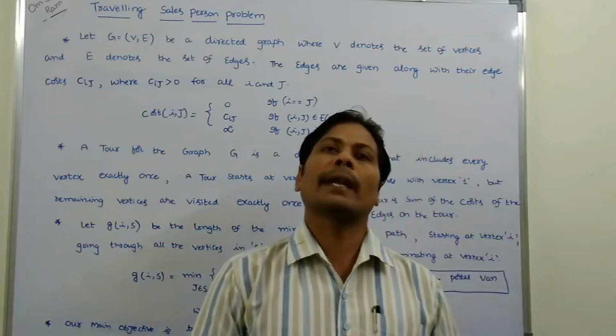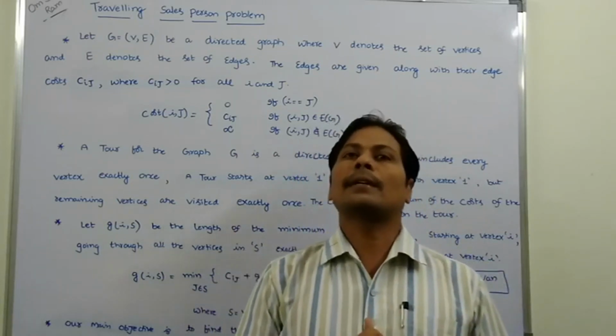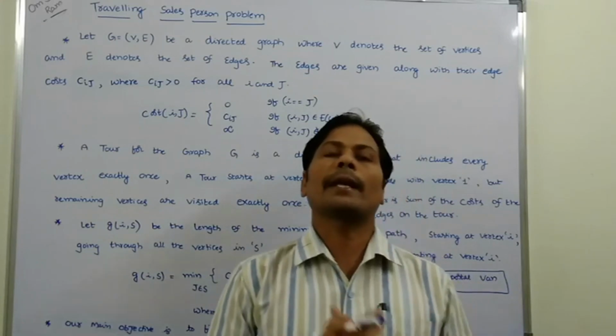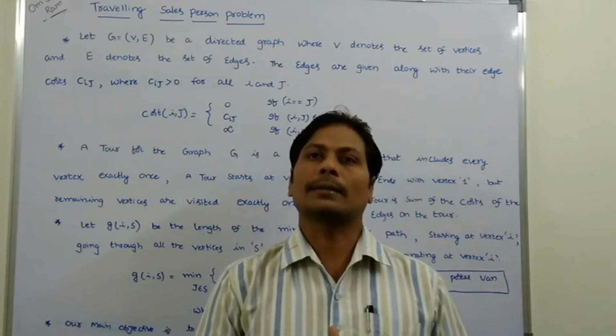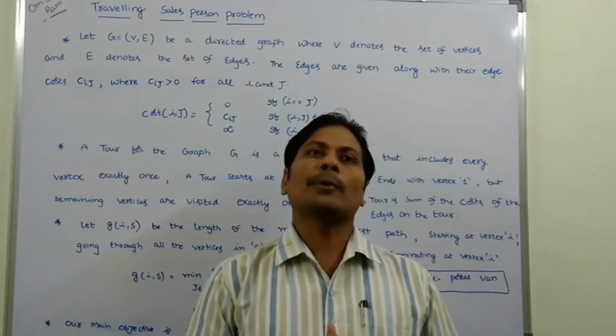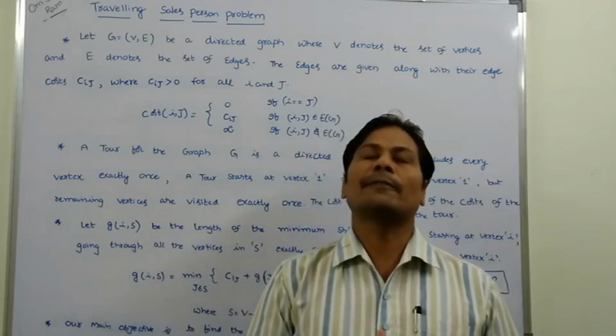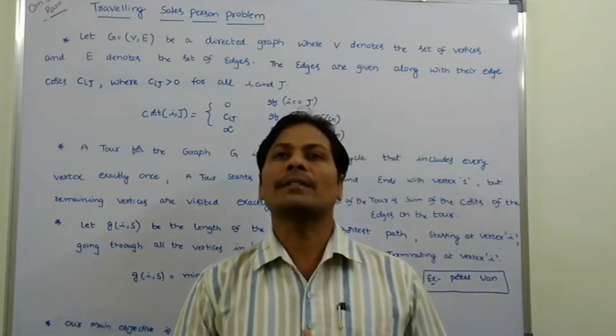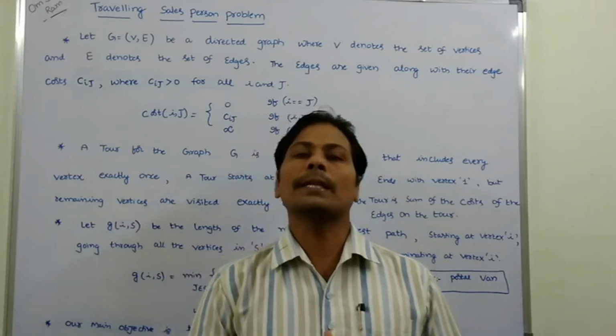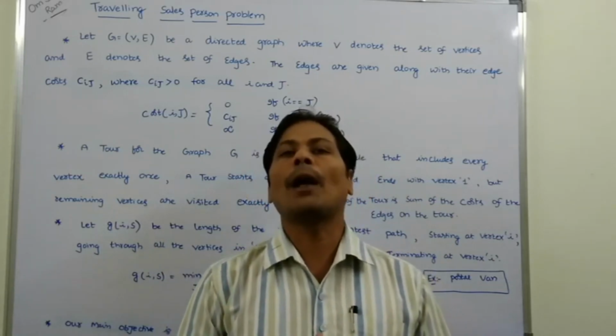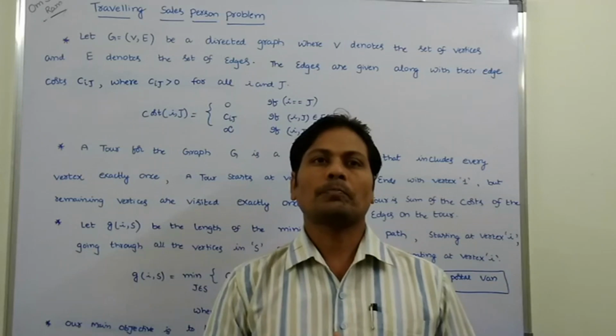Sometimes the problems may require a maximum result, sometimes a minimum result. So dynamic programming is mainly used for solving optimization problems by using the principle called the principle of optimality.